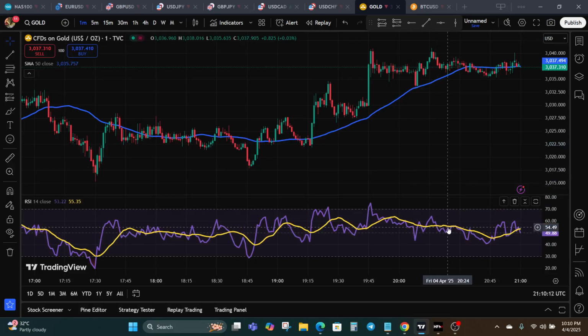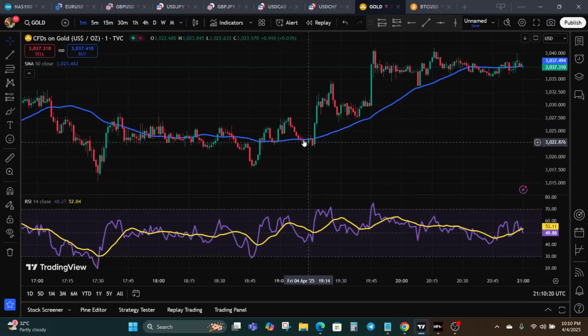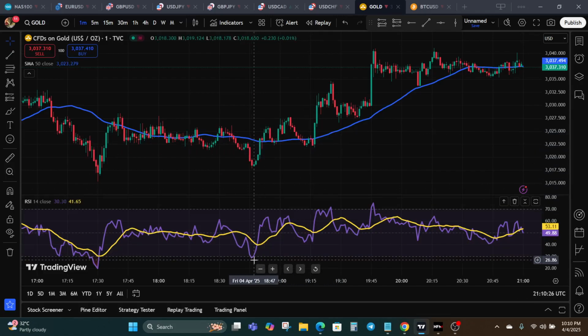Now for our entry rules. To go long or to buy, price must be above the 50 SMA, and the RSI should dip below 30, that is the oversold zone, then cross back above it. Then you enter on the next candle after the RSI confirms the move.